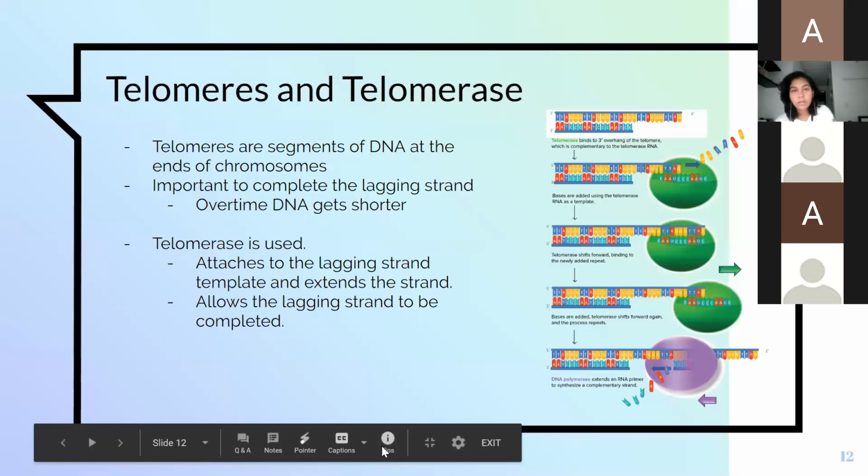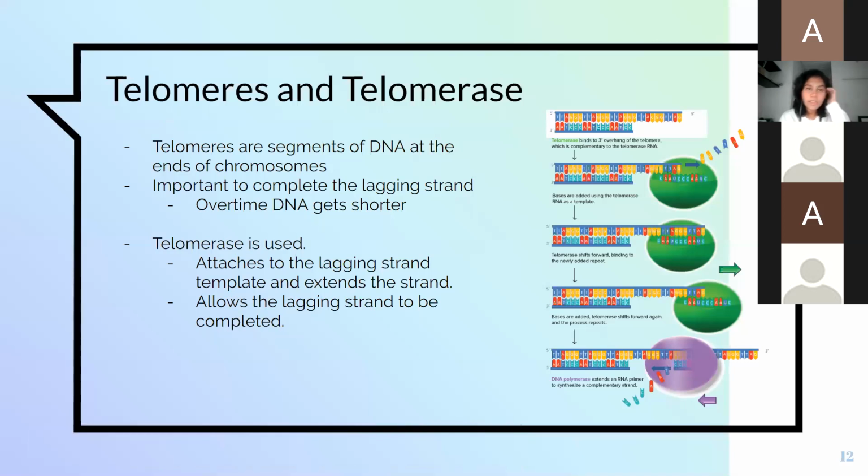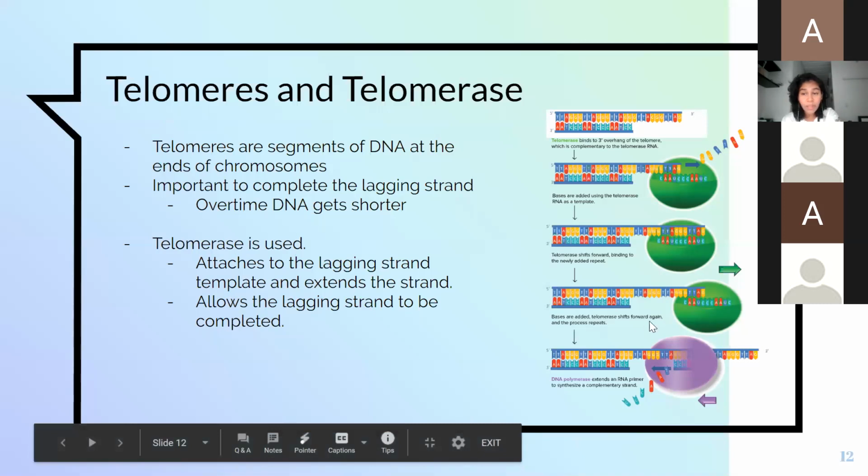And so this is telomeres and telomerase activity. Telomeres are just segments of DNA at the ends of our chromosomes. They don't necessarily code for anything, but the importance of telomeres is that during replication of the lagging strand, it allows the lagging strand, not the template, but the synthesized DNA strand, to be complete.